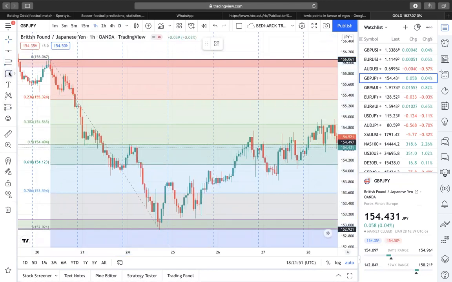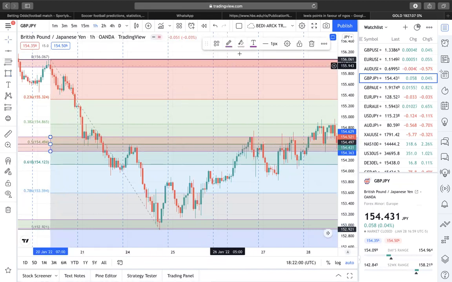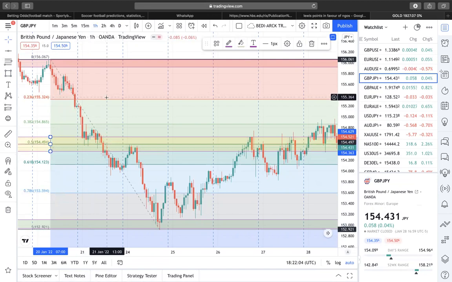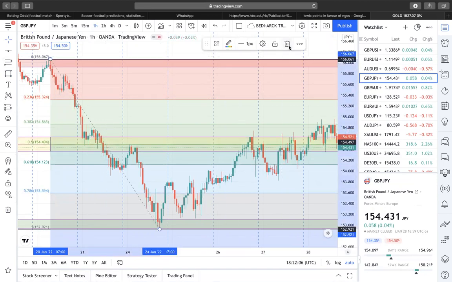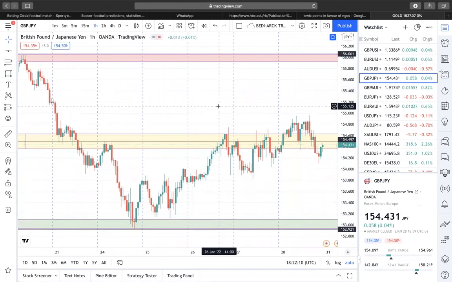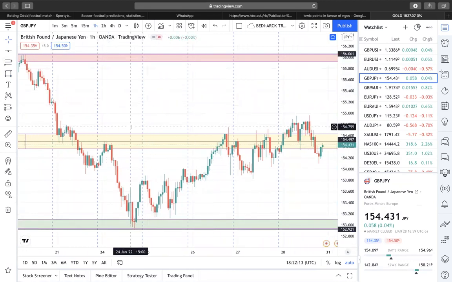So I pick a little level above and a little level below. Then I make the color yellow. Then okay, with the use of my Fibonacci, I got my golden zone. That thing we did on the daily, we've done it on the 1 hour.